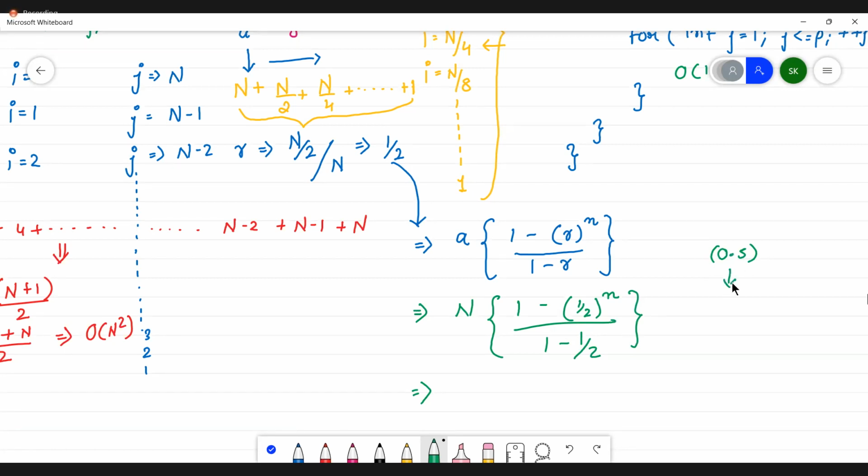And then 0.5 to the power n, even if n is 10, you're going to get some number like 0.000 something around 5, it will be a very small value. Yes or no? Here also 1 minus 1 by 2 is approximately 0.5, which you can take the LCM of here.